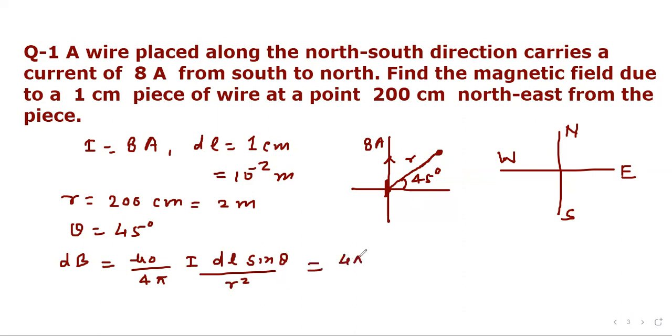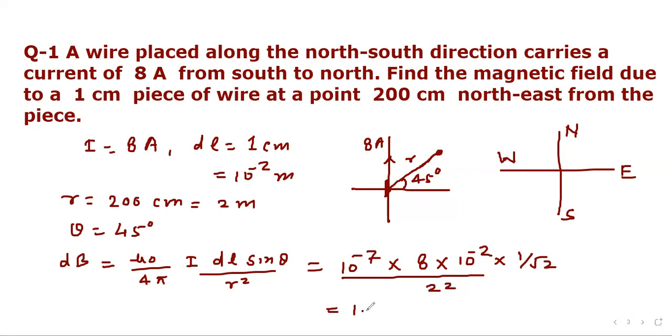So we can put the direct value mu naught upon 4 pi equal to 10 power minus 7 multiplied by I is 8 ampere into dl is 10 power minus 2 into sine 45 degree, 1 upon root 2, whole divided by r square. r is 2, square.